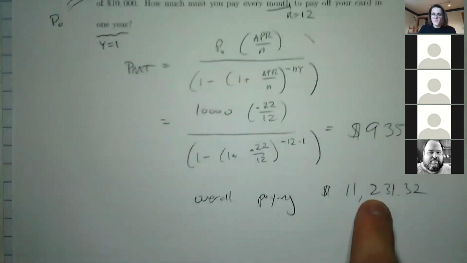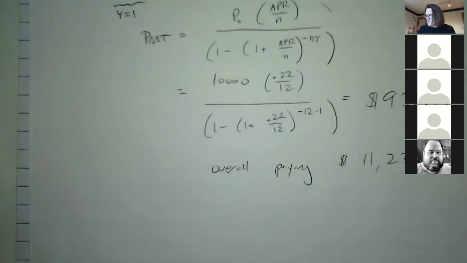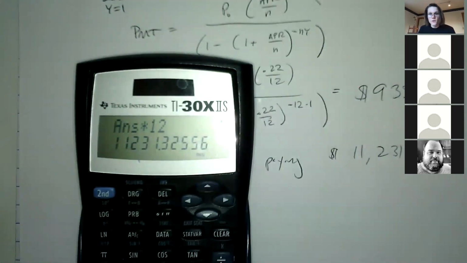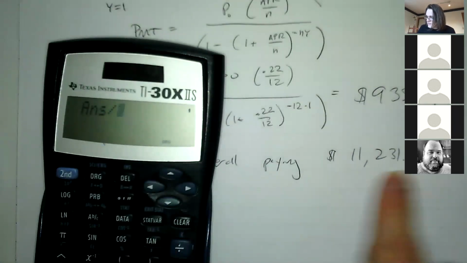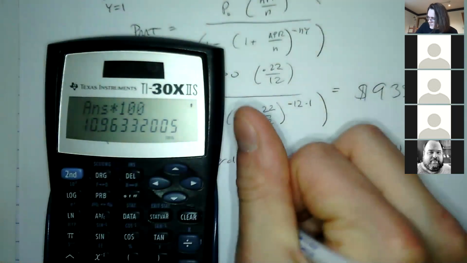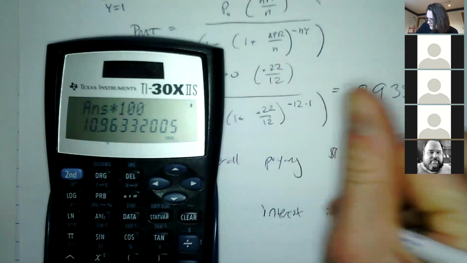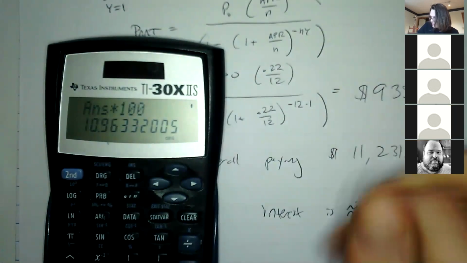And again, you could figure out what portion you paid in interest versus principal, and that isn't too bad here, right? So if I take my total cost that I'm paying and subtract 10,000, my principal, I get that number. If I divide it by what I'm paying overall, 11,231.32, and times 100, my interest here is, I don't know, like 11% of what I'm paying.